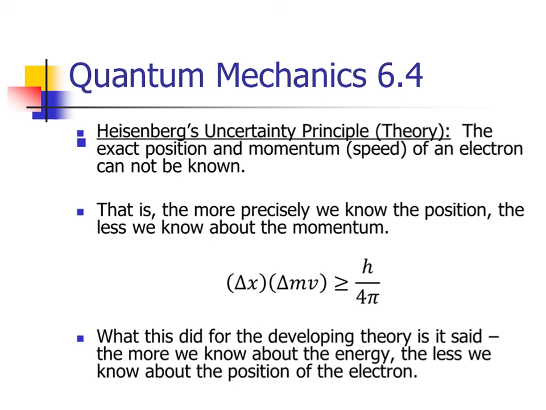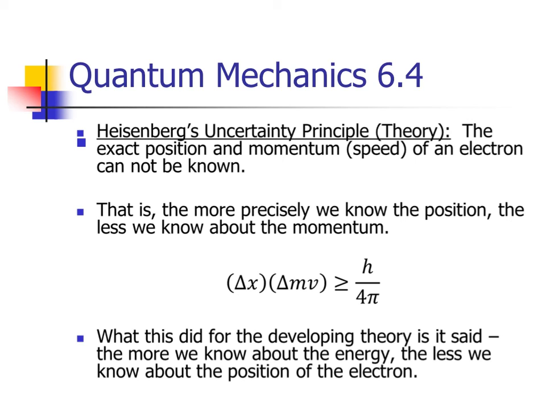To find the position of an electron, you need to try and slow the electron down to try and find out where it's at. In slowing the electron down, in theory, you're changing the amount of energy it has, because the speed is being changed.